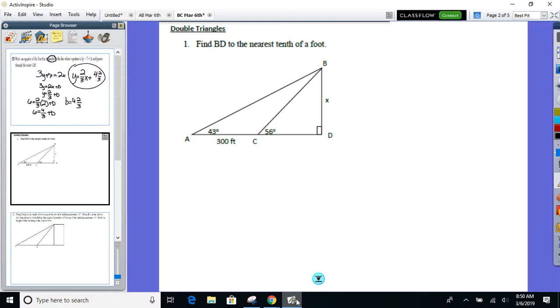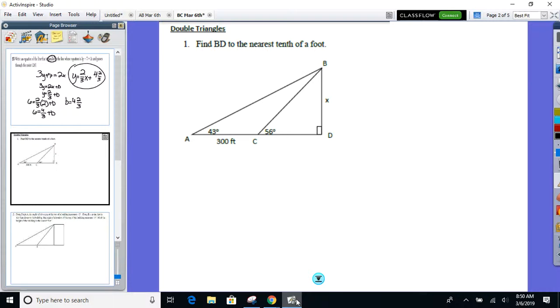We have to find BD. So the first thing you see is BD is a side. Pick a triangle. It's a side of triangle BCD. So you think, maybe I want to use law of sines, and you say x over 56 equals something over the sine of 90. I can't do that.